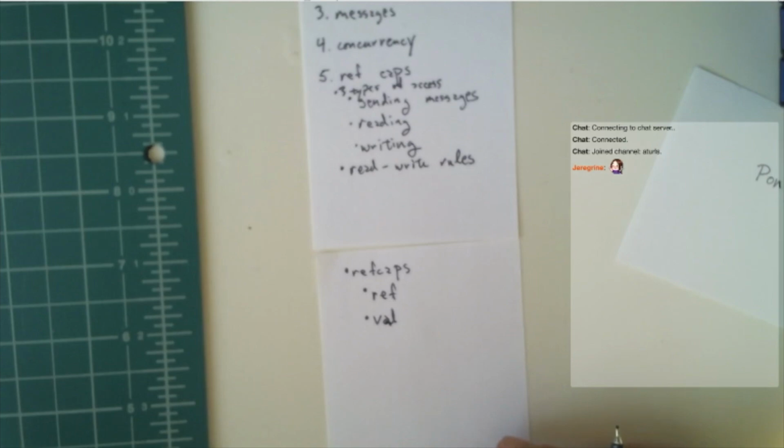The reason I want to do that is that I think those two are pretty easy for most people to understand. Ref basically means you can read, and there can be any number of other references that read and write to an object. And val means that all of the other references to the object, and this reference, cannot be used to write.